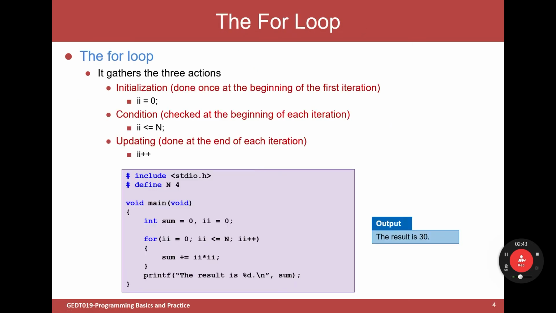Okay, so let's start first with the loop. If you remember, last time we used the while loop. We say while, and then we put some condition, for example if a is bigger than 5, do something. The code will be repeated as long as this condition is true.